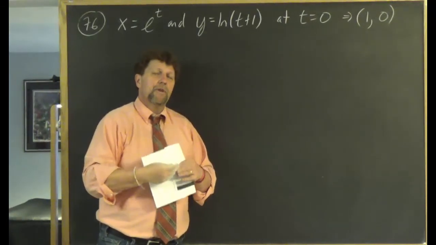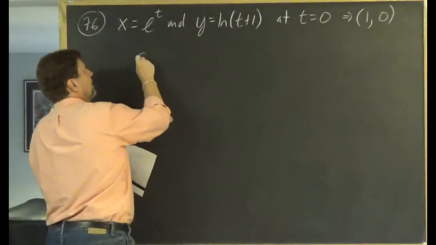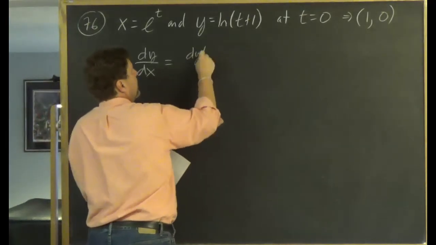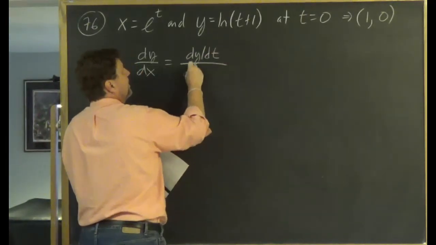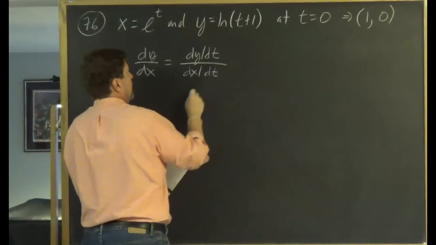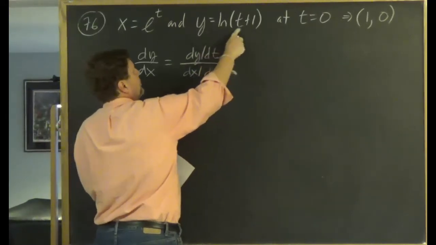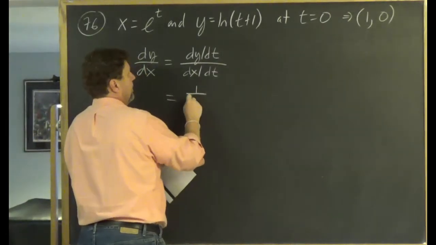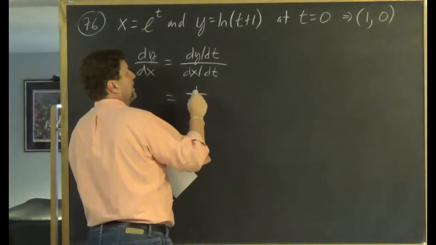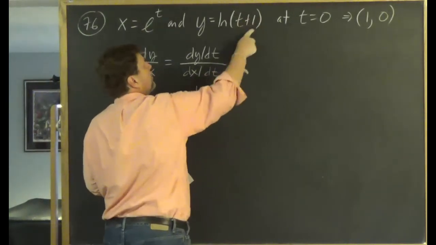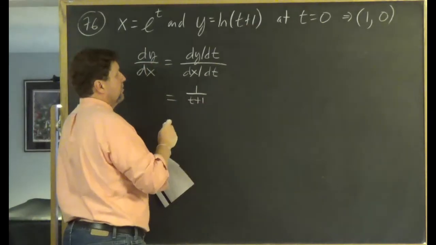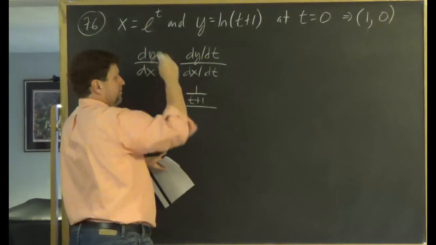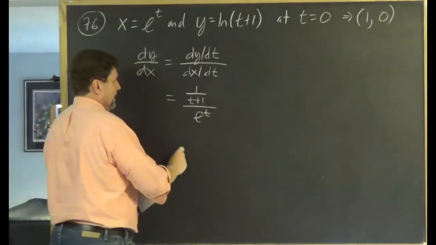All we need is the slope of the tangent line. And remember, the slope of a tangent line is given by dy/dx, which in the parametric world is dy/dt over dx/dt. So for dy/dt, the derivative of natural log is 1 over t plus 1, times 1. Remember the chain rule? The derivative of what's inside is just 1. Over dx/dt. Well, the derivative of e to the t is e to the t.